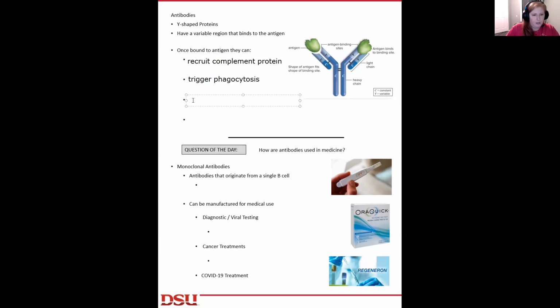They can prevent the function of the antigen and of the pathogen because it's chemically bound to the antibody, meaning it can't function because the antibody is holding on to it. And finally, they can also inhibit the release of toxins from the pathogen.